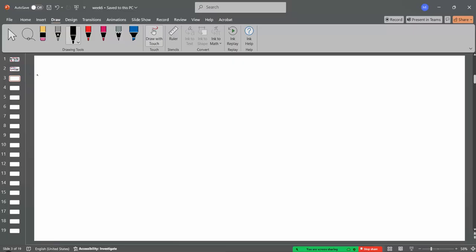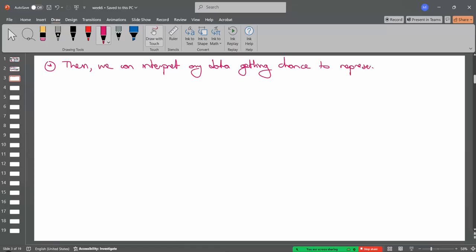And so we can conclude that if this is the case, we can write this notion, we can interpret any data changed to represent the outcome of the algorithm or decision of this logic, okay?